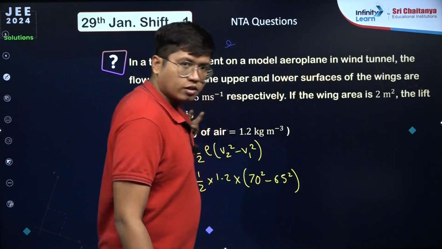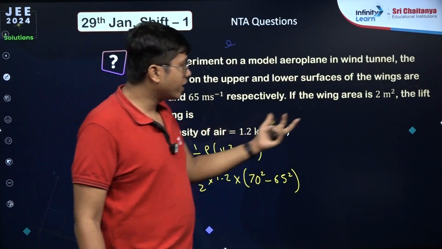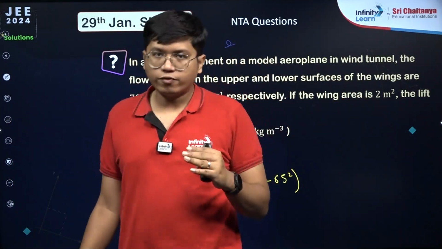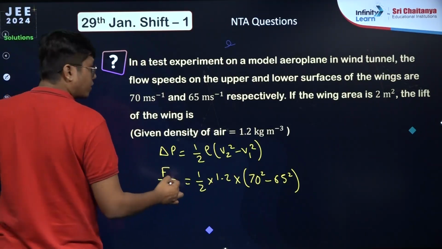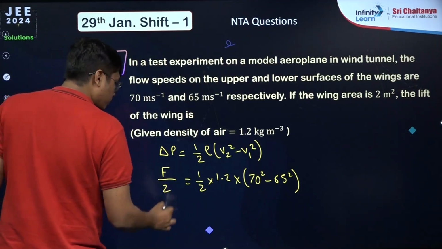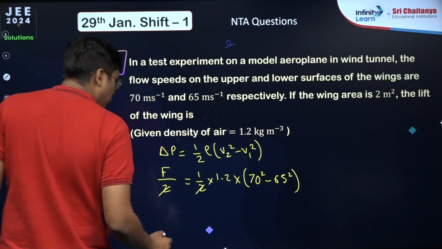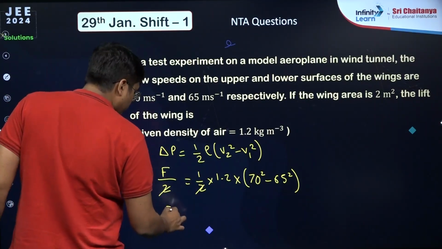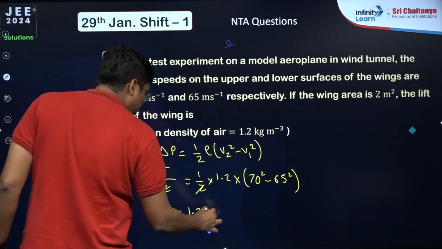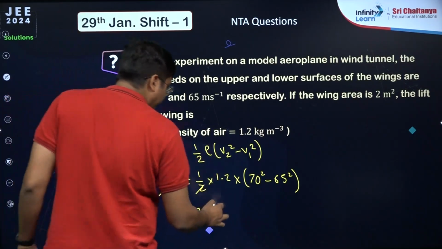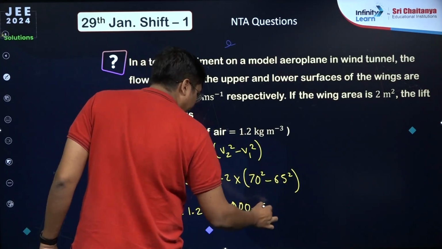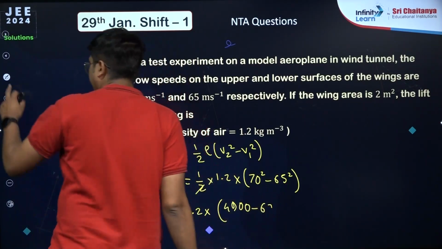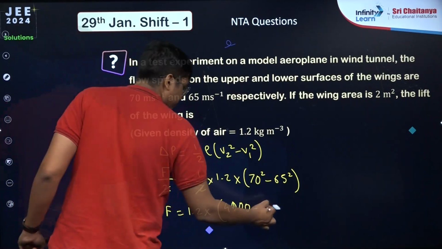Delta P, the pressure difference, is what is making the lift of the wing. You want the force associated with this area. So we know pressure is equal to force by area. So I'll put that in here. Force divided by the area, which is given as 2. So I can cancel this 2 out. So F is just equal to 1.2 into (70 square is 4900 and 65 square is 4225).